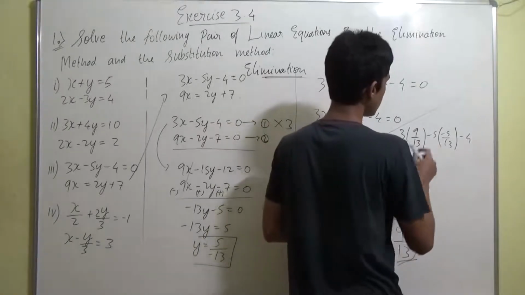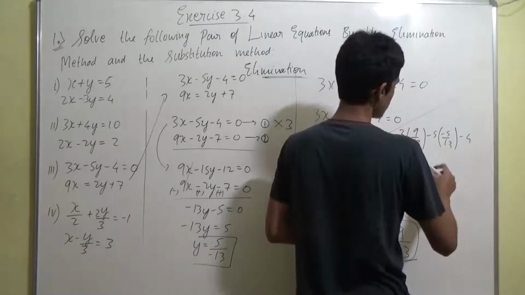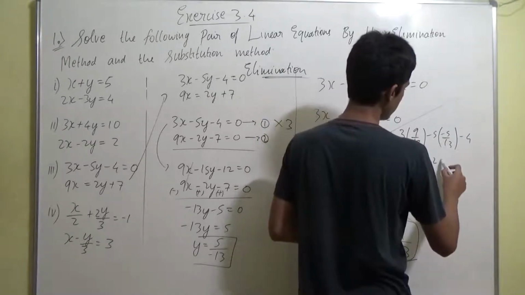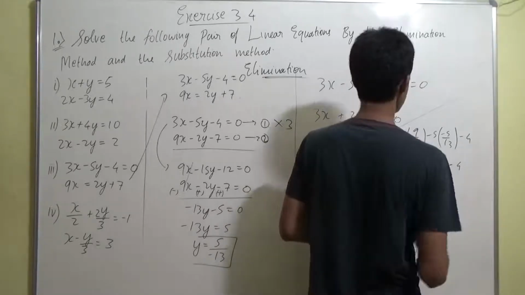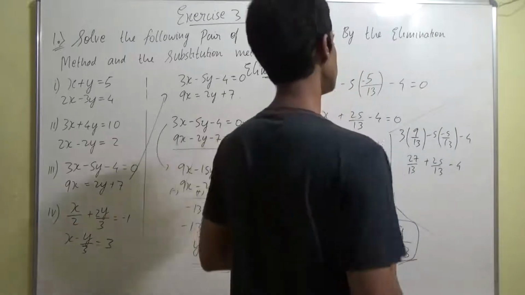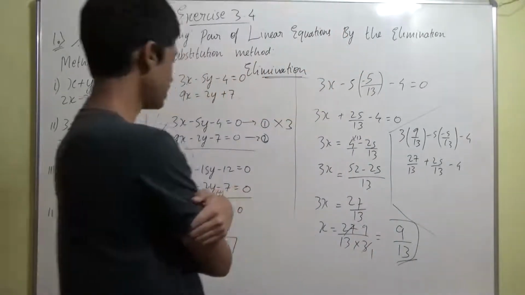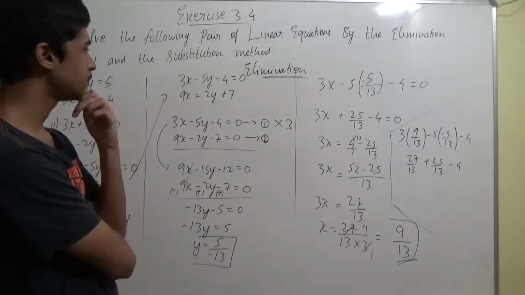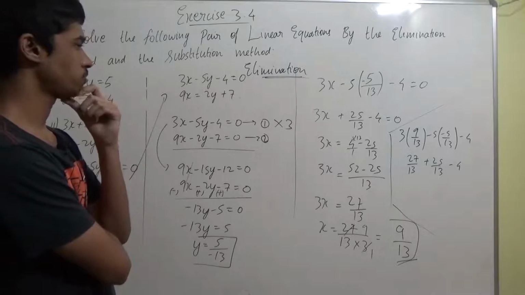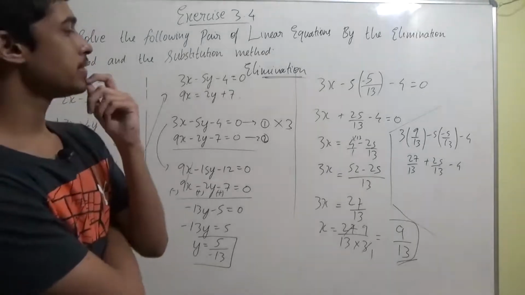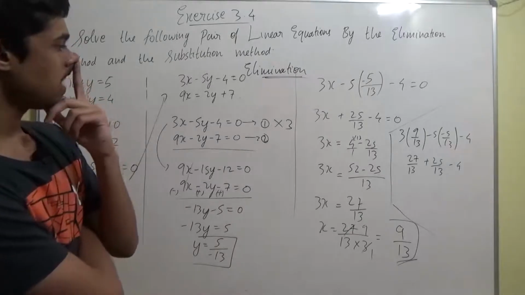So it will become 9 into 3 is 27 by 13, minus into minus becomes plus 25 by 13, minus 4. Oh, you're not getting 0, I guess. It's weird. How is this possible? Because there you will get 27 by 13 plus 25 by 13 minus 4.